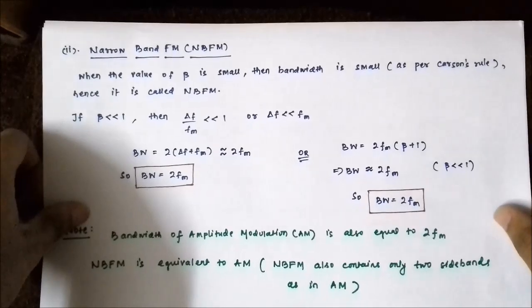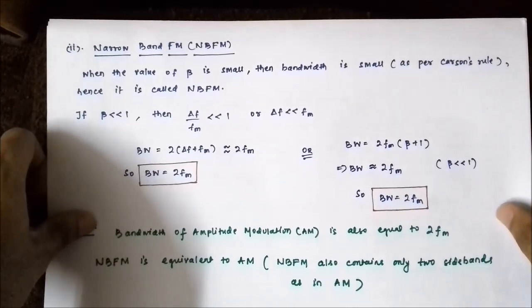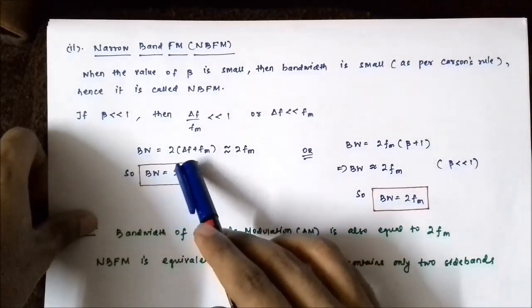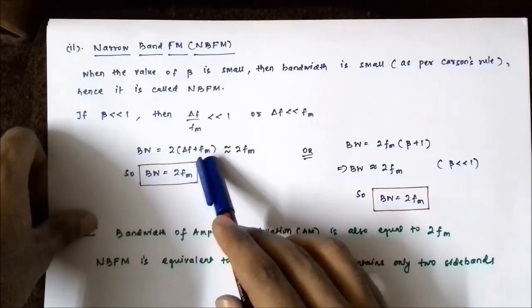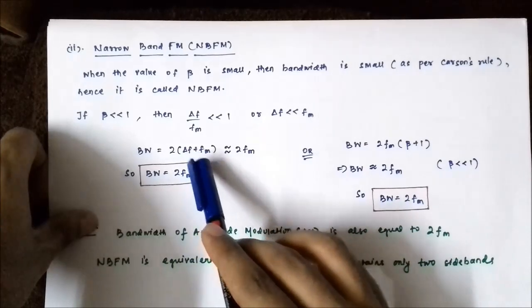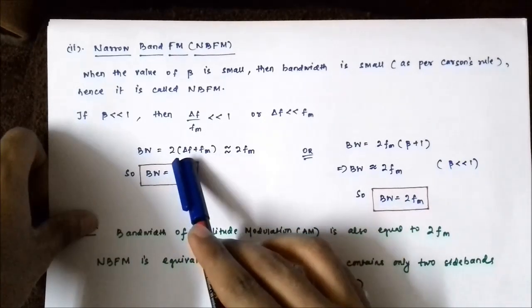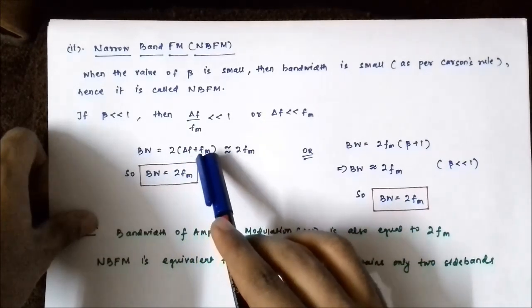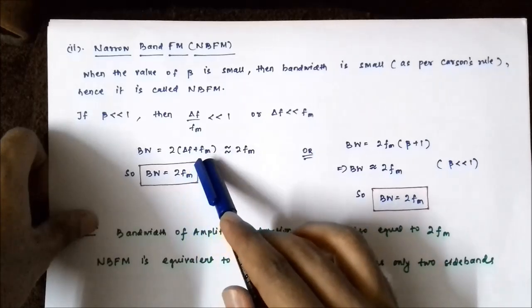We know that as per Carson's rule, the bandwidth of a frequency modulated signal is twice the sum of frequency deviation and modulation signal frequency. As delta f is much less than fm, we can neglect the delta f part and simply consider fm.